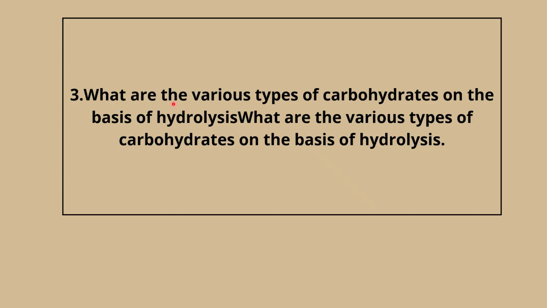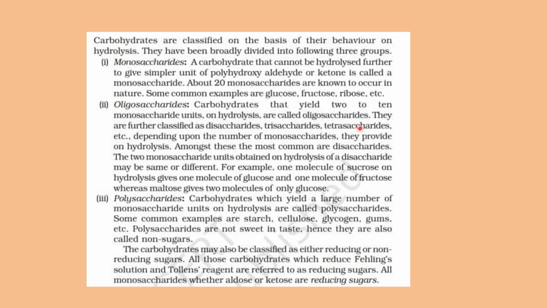The next question is: what are the various types of carbohydrates on the basis of hydrolysis? We have the same question written two times. The answer is that carbohydrates on the basis of hydrolysis are classified into three types.